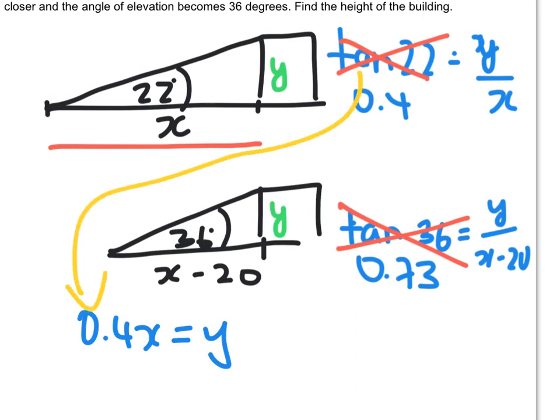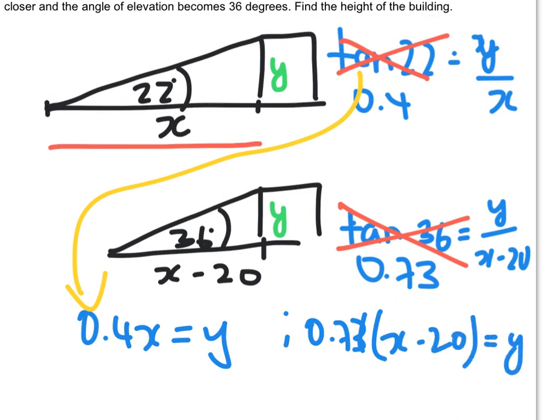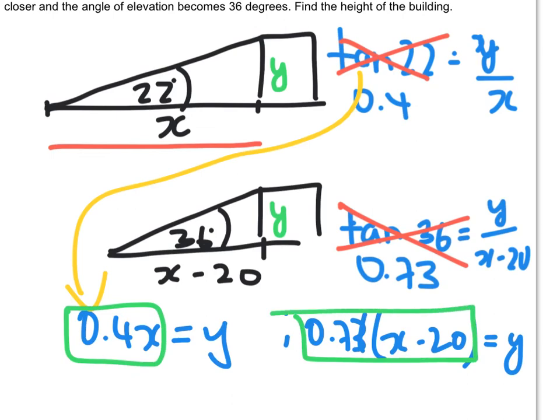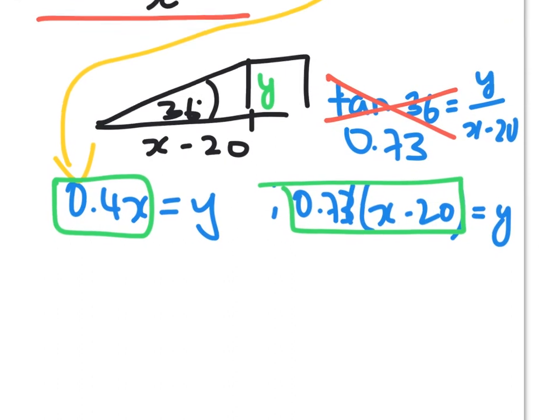And then on the other side, you're going to get 0.73 times x minus 20 equals y. So what's good here is you'll see that because both of those are equal to y, remember our transitive property, this is equal to y, this is equal to y. So because of the transitive property, they must be equal to each other. So let's bring that into play here.